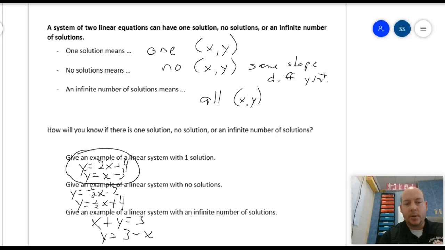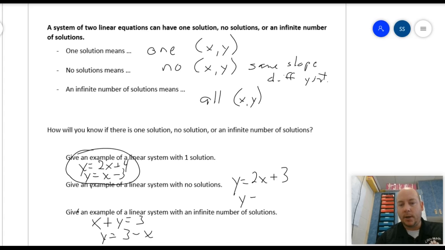What's going to happen if I substitute? So I know what y is equal to. Let me change this slightly, just so it might be more something you might see. So let's say we had y equals 2x plus 3, and then we had y minus 2x equals 5.